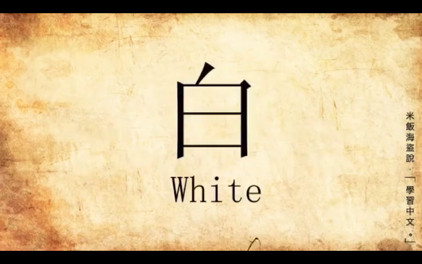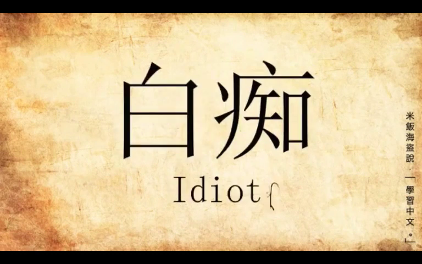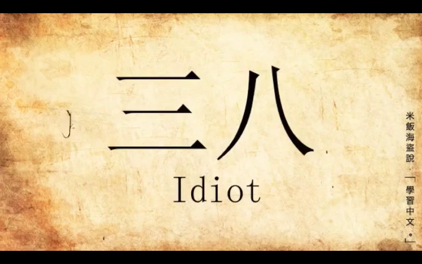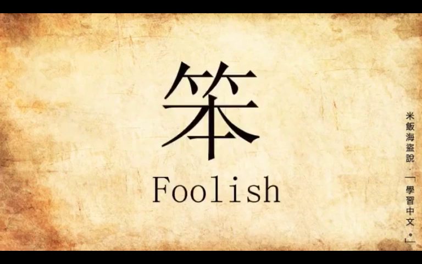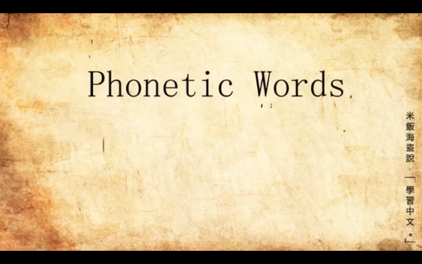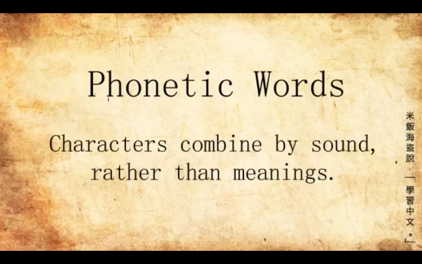For example, 白痴, 三八, 笨蛋. That's you dumb egg. Now, some word in Chinese is a phonemic word, so no literal meaning. It's just for sound to help us remember.